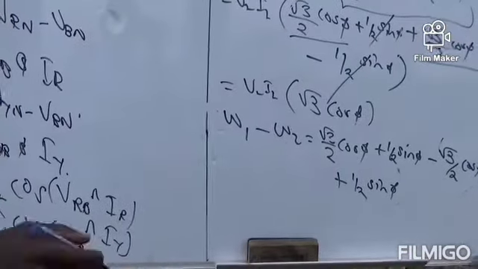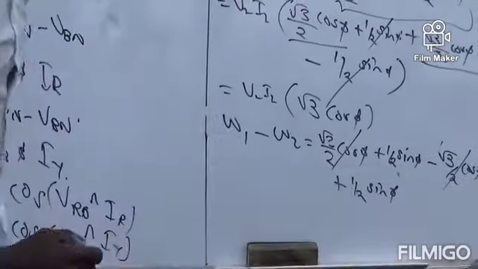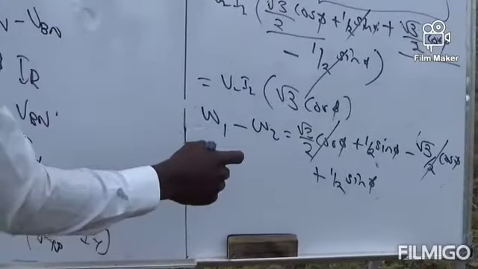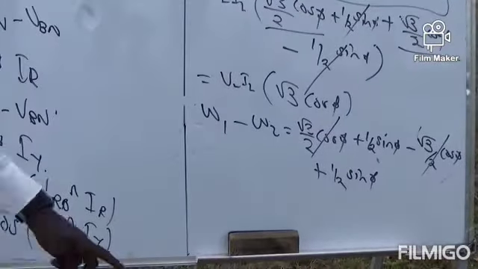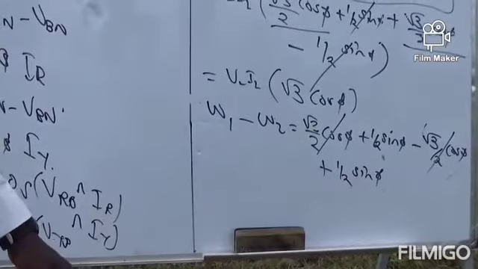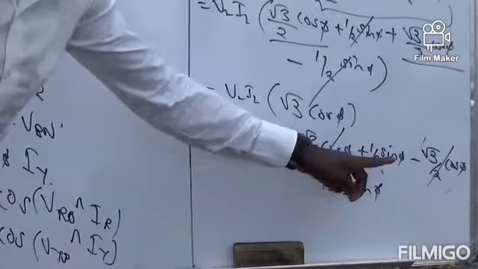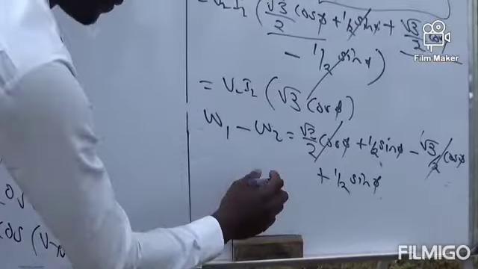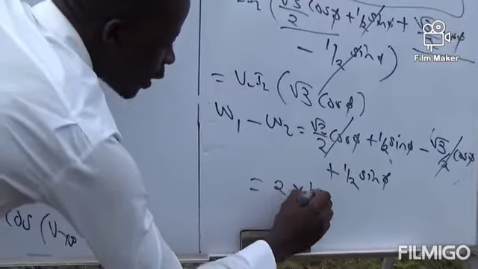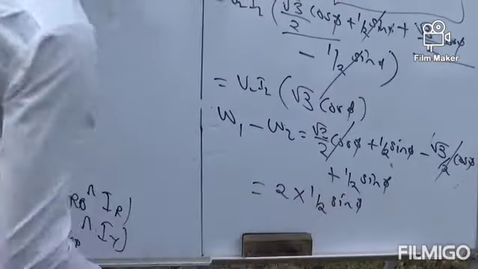So in this particular case, this and this will cancel out. And again, now we are going to have a half sin phi plus a half sin phi. So meaning we are having 2 times a half sin phi.